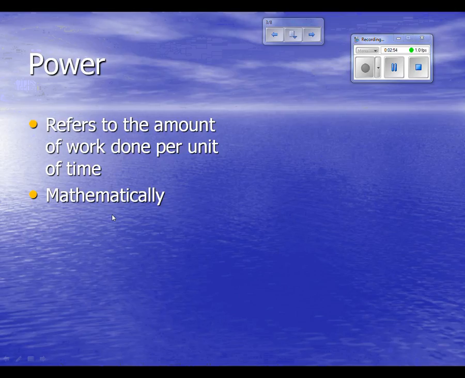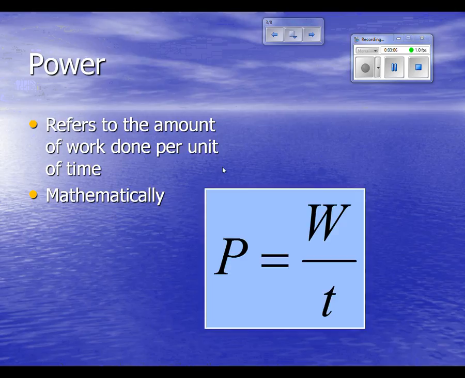And in a formula standpoint, just from the definition, it's not even really a derivation because anytime you've got per unit, you're dividing, right? So it's simply, and you've seen this already, P equals W over T. It's one of the easier formulas you're going to see in grade 12 physics. Power equals work over time. How fast do you get it done? How powerful are you? Well, we'll find out tomorrow.